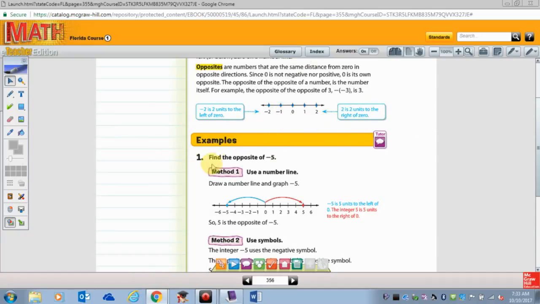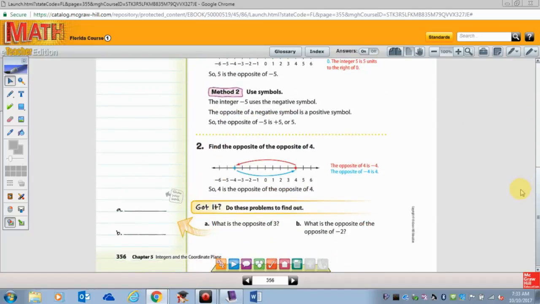Alright, so the first example says find the opposite of -5. The same distance away from 0 on the number line in the opposite direction is going to be +5. So it's pretty simple. Go down to the next example. It says find the opposite of 4. So it's going to be -4. Down here on A and B, it says, what is the opposite of 3?